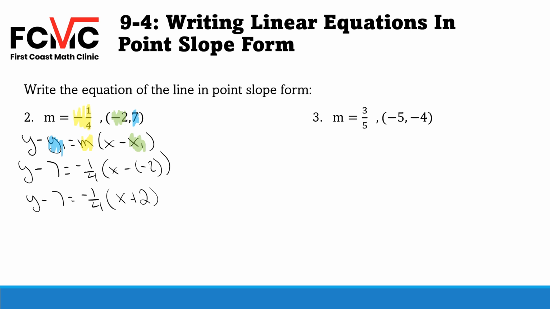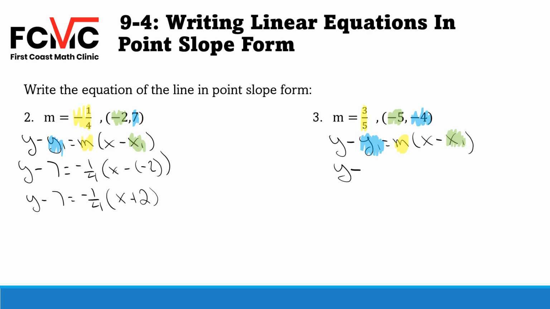For number 3, again, y minus y sub 1 equals m times x minus x sub 1. So let's start by substituting in. Our slope is 3/5. X1 is negative 5. Y1 is negative 4. So let's substitute our values in.